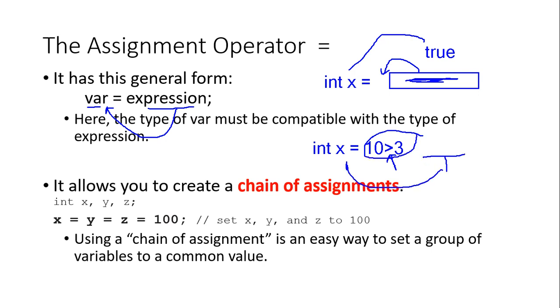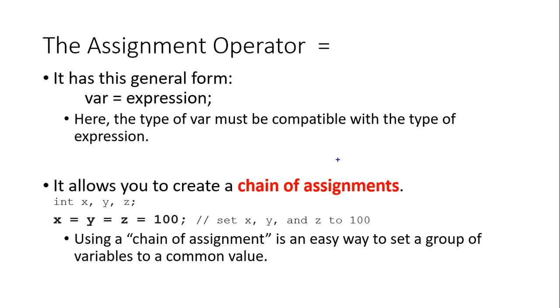Now you know that 10 and 3 are integers, but because of this greater than symbol, the result of it is going to be true, and that true cannot be stored in an integer. It has to be stored in a Boolean. So you end up in trouble. So in other words, the expression that you use here must, after the evaluation, have the same type or maybe a compatible type as that of the variable which is declared here.